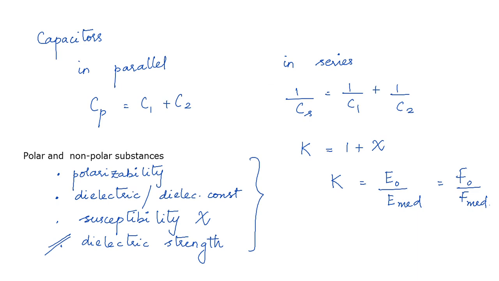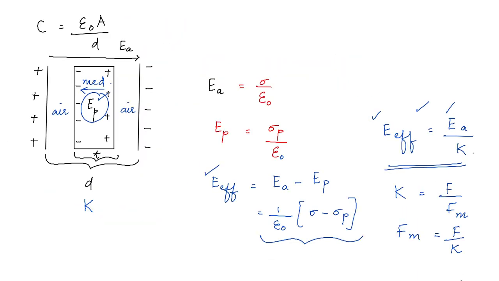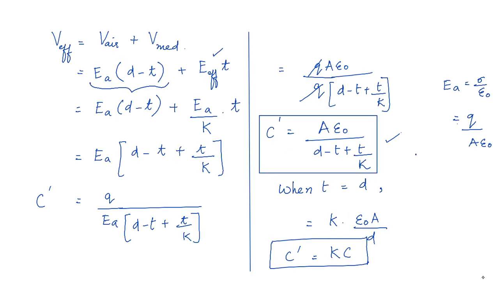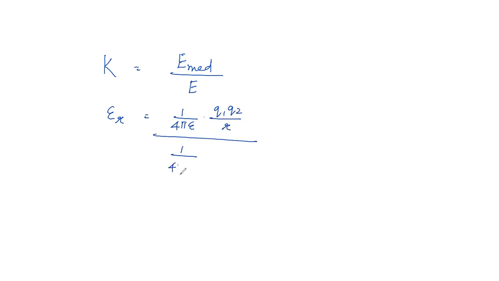No, cylindrical capacitor is not there. Yes, tell me. Auntie, K is equal to E in medium by E naught, right? How will E medium by E naught come? If I wrote K is equal to E medium upon E, K is nothing but epsilon R. Then what will this become? 1 by 4 pi epsilon naught Q1 Q2 by R. This will become epsilon naught by epsilon.